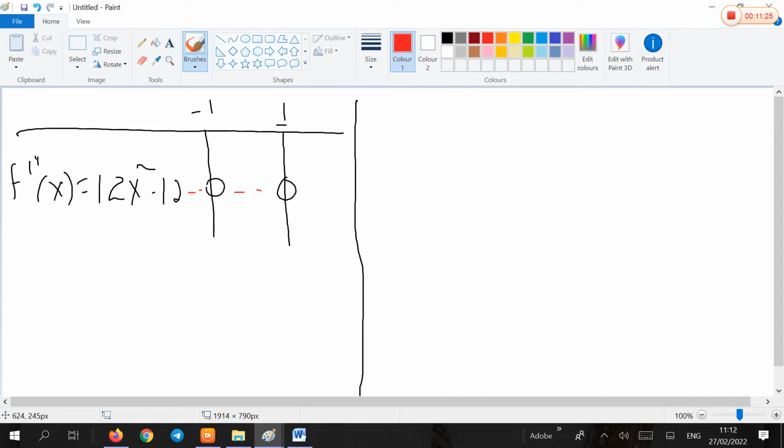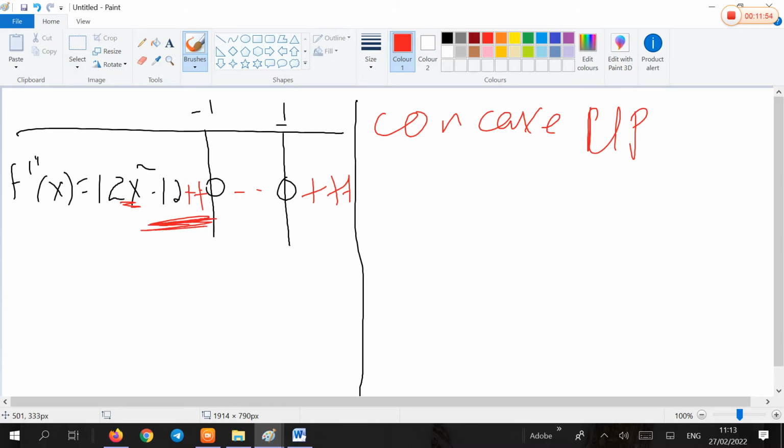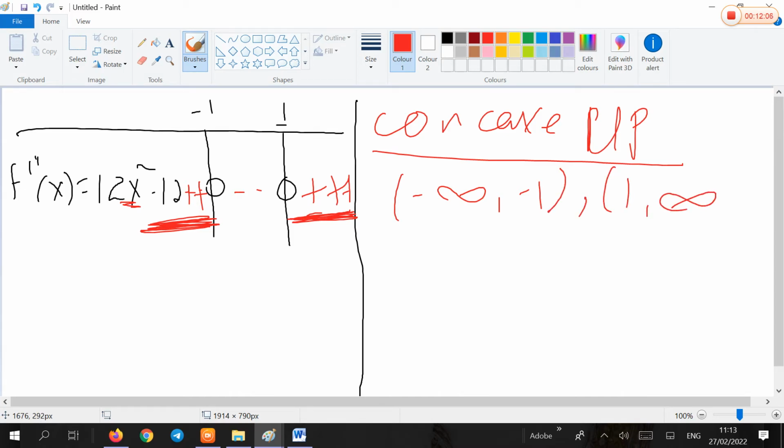If you substitute any number greater than 1, you will get a positive one. So the function is concave upward at points where the second derivative is greater than 0, so concave upward on the intervals from negative infinity to negative 1 and from 1 to infinity.